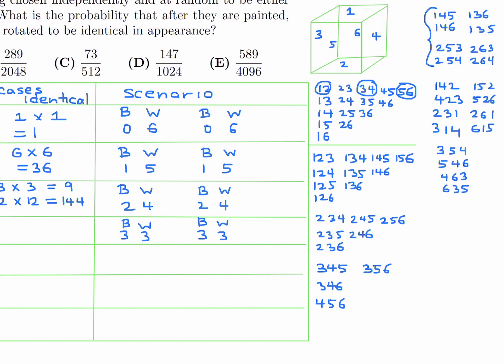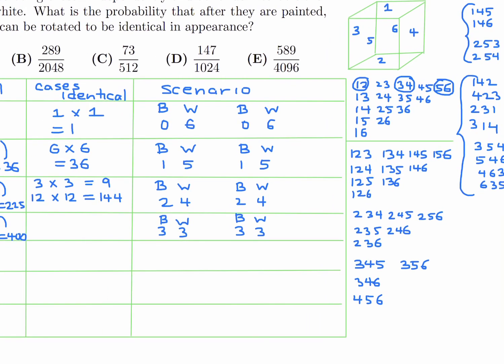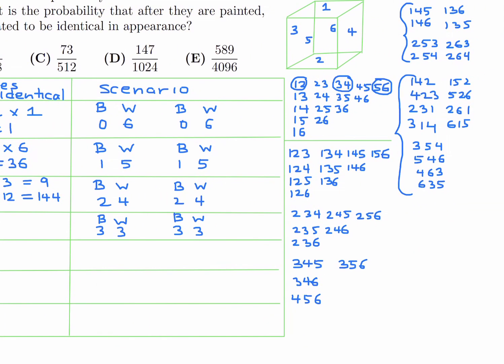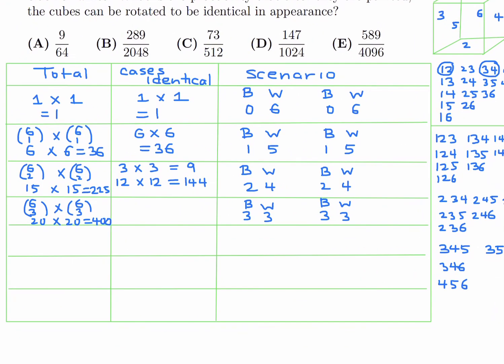Right. 3, 4, 5, 5, 4, 6, and so on. All right, so I got 12 here. So in a very similar way, those 12 can be rotated to look exactly like the same 12 from the other set of 20. So how many got? 8 and 12, right? So 8 times 8, those guys, 64, and 12 times 12, so 144.